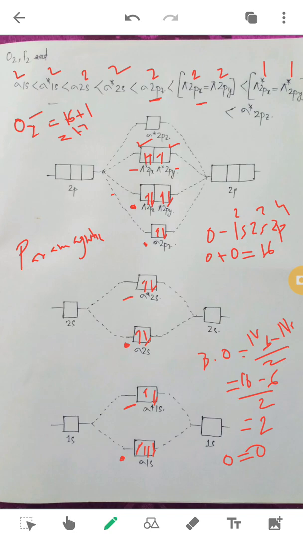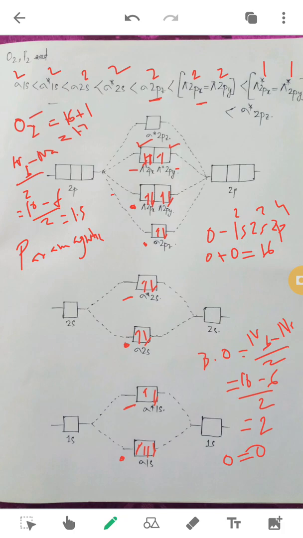Okay, here pairing starts. So in that way, again you have to do Nb minus Na divided by 2. What would be coming? Already in the bonding orbitals we have got 10, so minus, now antibonding 1 electron will be more. So 7 divided by 2, that is 1.5, you'll get as the bond order.